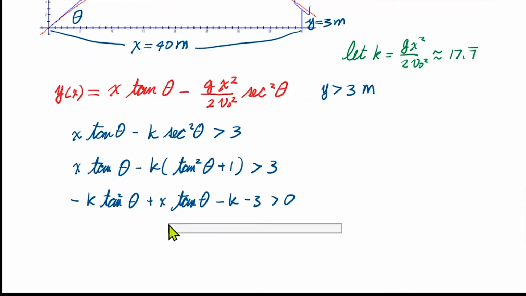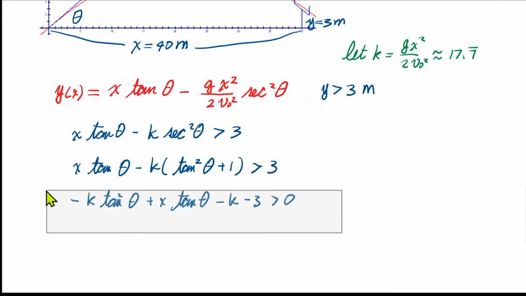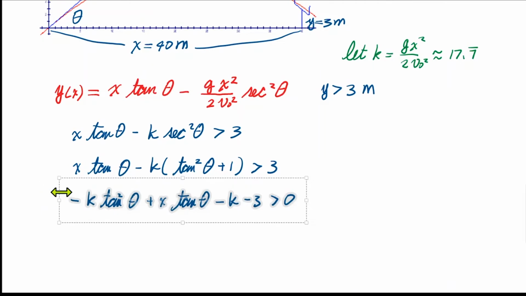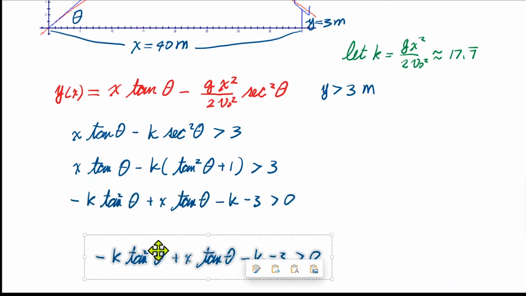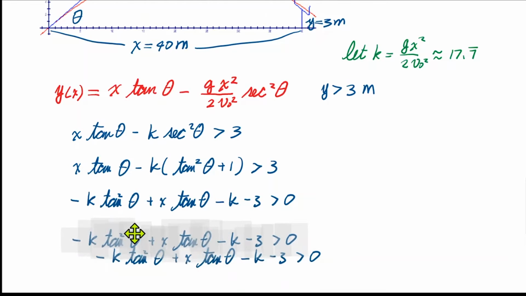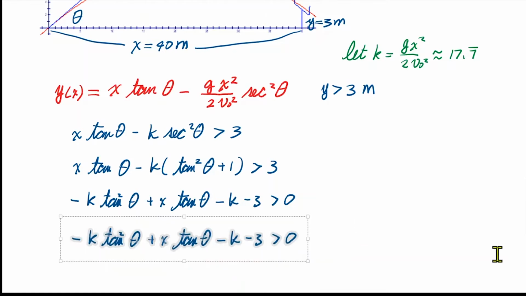Multiply by negative 1 on both sides. You could just take an eraser and do it, but hey, I've got a computer. So change the signs like that and change the direction of the inequality. You with me?